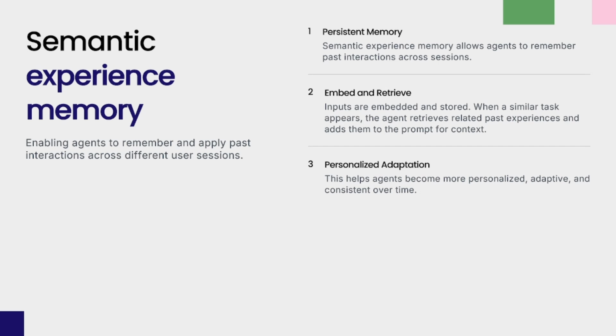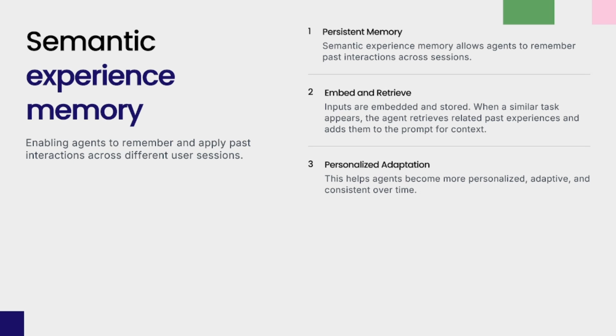Then embed and retrieve. Inputs are embedded and stored. So this past interaction or context is embedded as well, and stored in a vector database. So when a similar task appears, the agent retrieves related past experiences and adds them to the prompt for context.